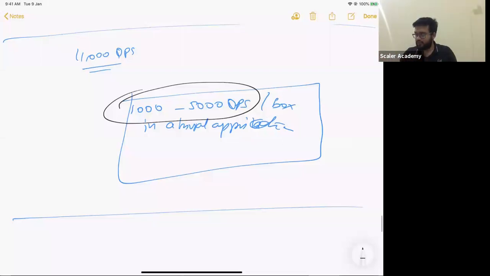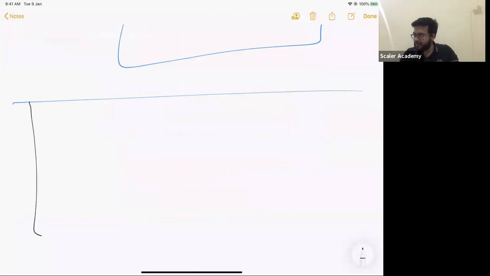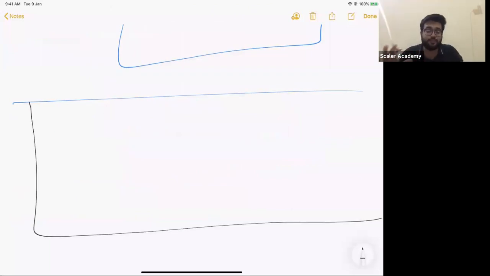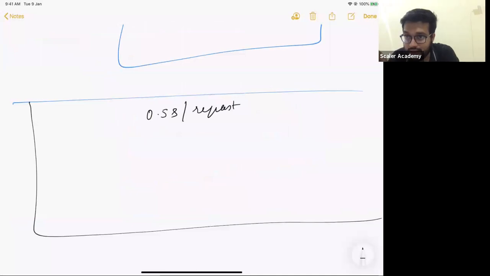Whenever you run a machine learning algorithm or some kind of back-end processing, as in the system that we built, you end up taking 0.5 seconds per request. And of course, this is not going to be a live request because you cannot wait 0.5 seconds for a live request to be processed.